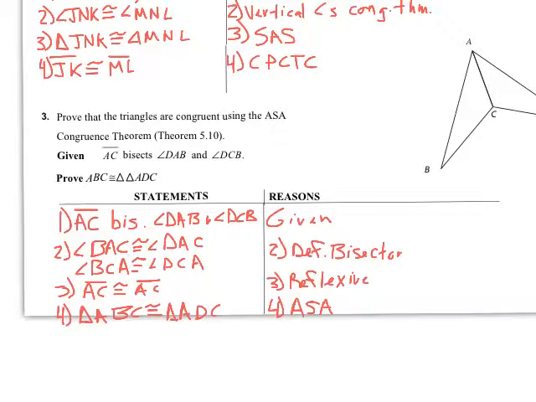Both of those would be definition of bisector. So when it says it bisects, it cuts it in half. So that means the 2 pieces are congruent, right? So I have angle. I got to get a side in between them. So the side in between them we're going to find with reflexive because it's the side that they share. So AC is congruent to AC by reflexive. And then from there I have angle, side, angle. Right? Okay, any questions on 3?